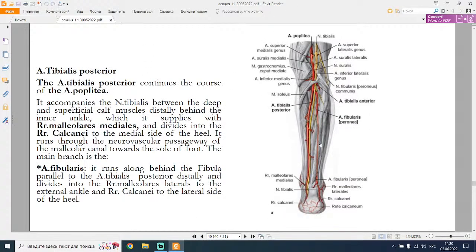Arteria tibialis posterior. It continues the course of the arteria poplitea.